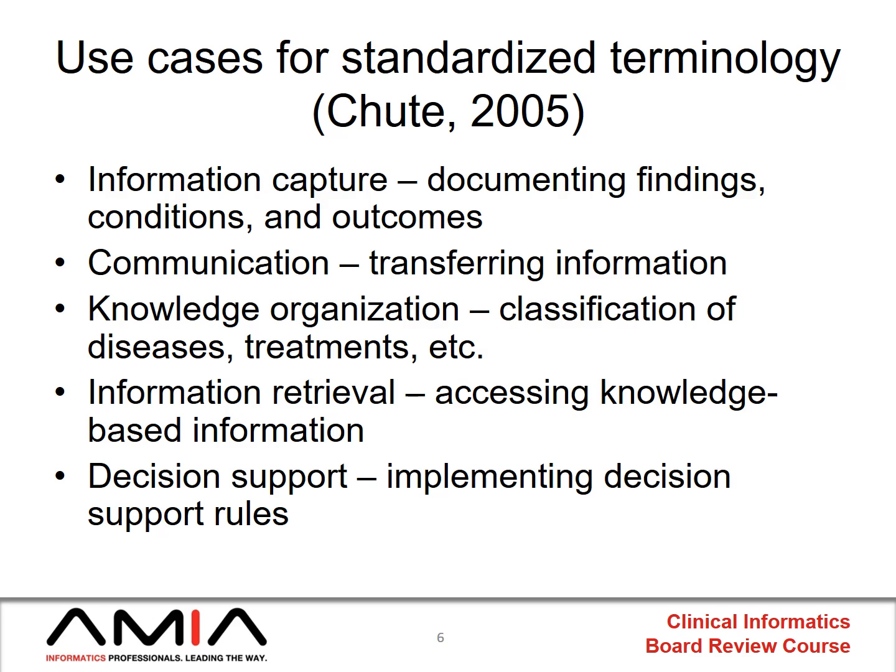Another use case is knowledge organization, where we want to classify diseases and treatments, perhaps putting them into categories of like conditions and like treatments. Also, a use case is information retrieval, where we access knowledge-based information in the medical literature or textbooks or websites. And finally, decision support. Implementing decision support rules is more precise when we have standardized terminology.